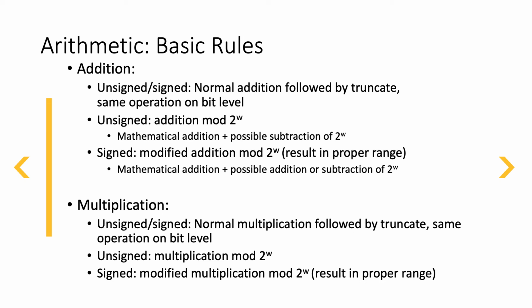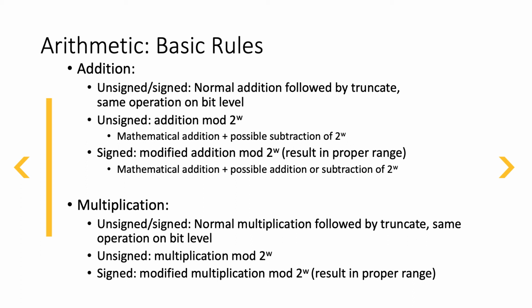Mathematical addition plus the possible subtraction of 2 to the w. For signed, it's a modified addition mod 2 to the w to result in the proper range. So mathematical addition plus the possible addition or subtraction of 2 to the w. So this is where we get into that modular arithmetic, and that's why for unsigned we have those 2 planes, and for signed we have the 3 that we saw on the visualization slides.